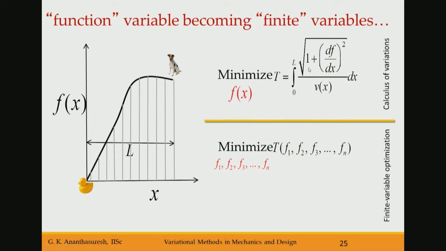We are minimizing with respect to the function itself, as opposed to the discretized problem where we are minimizing with respect to a finite number of variables f1, f2, up to fn, and you have an objective function which is a function of all of those. The objective function here is a function of f of x, and here the objective function t is a function of this finite set of variables. This is normal optimization, what we call finite variable optimization. This is calculus of variations.